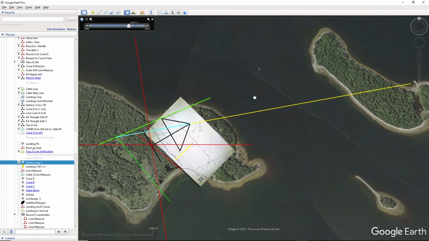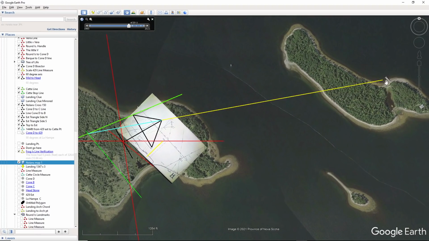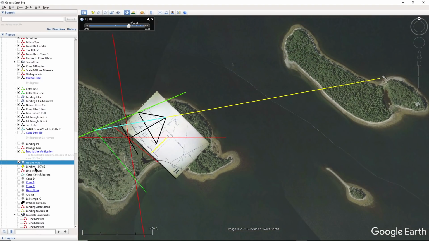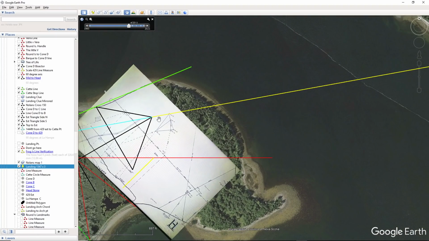Another interesting fact, too, is that you can establish from this point to this point is 3 times 1347. So this is actually 3 divider lengths to this point.